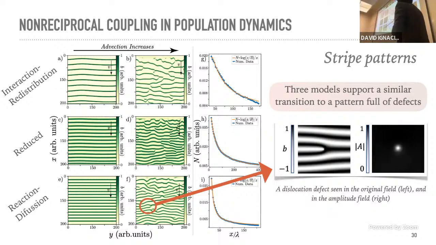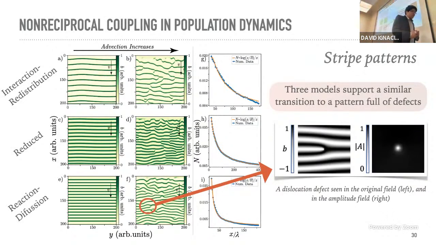We observe that you can transit from a regime of perfect stripes, as shown on the left, to a regime in which the stripes are really distorted and have a lot of these defects, these forks that I show you here bigger on the right.